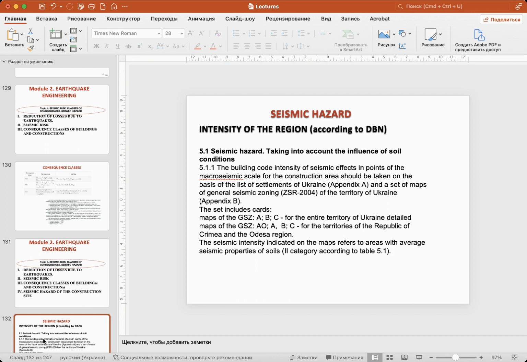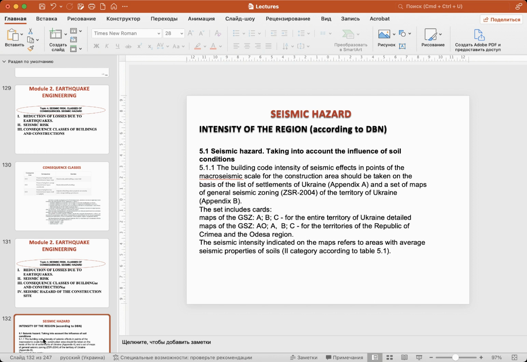And according to that, a simple building will be calculated for an earthquake with intensity 7, and that 30-floor building will be calculated for a bigger intensity, for example 7.5, or even more.